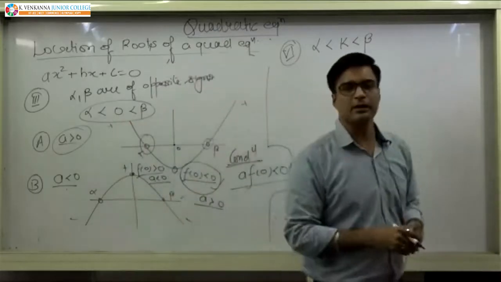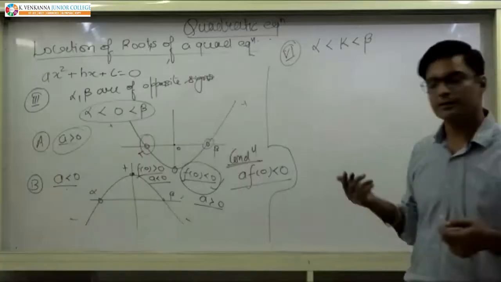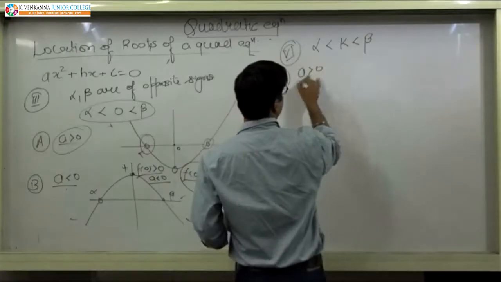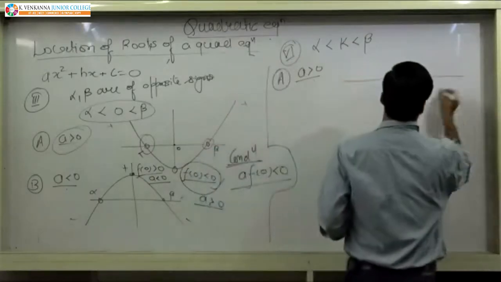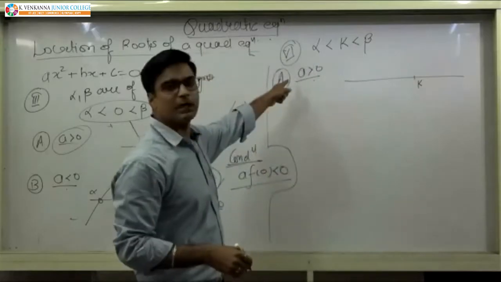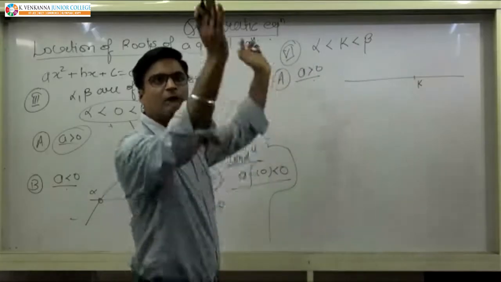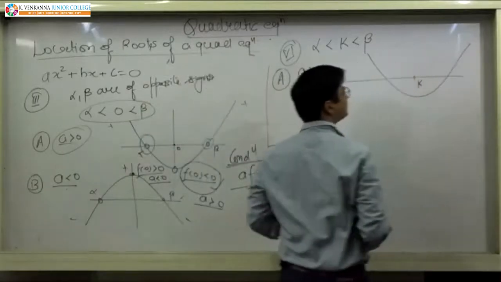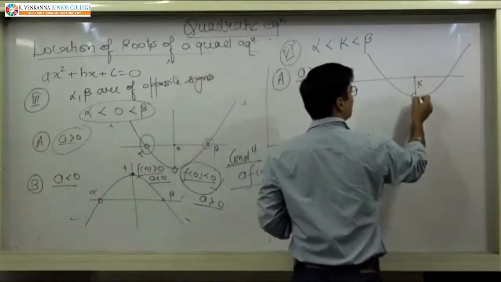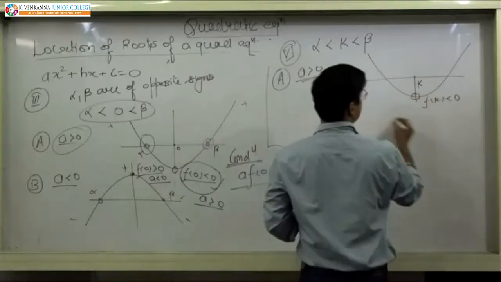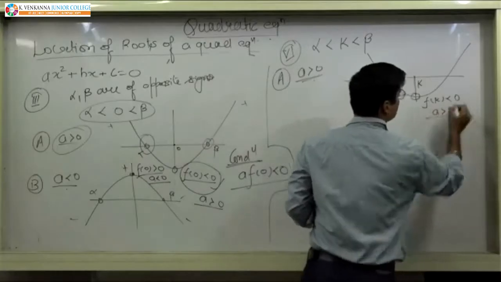So there is a similarity in these two cases, right? So quickly see, let's say a greater than 0. Let's say this is your k. Now a positive, that means upward opening. So your curve will look like this. And at f of k, it is lesser than 0. When a positive, it is negative.